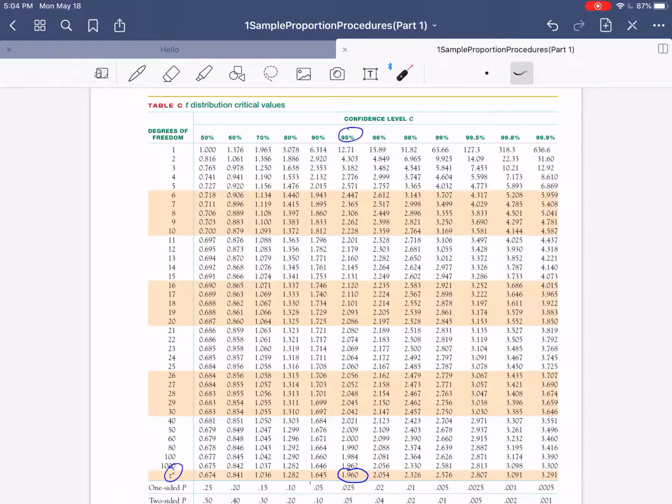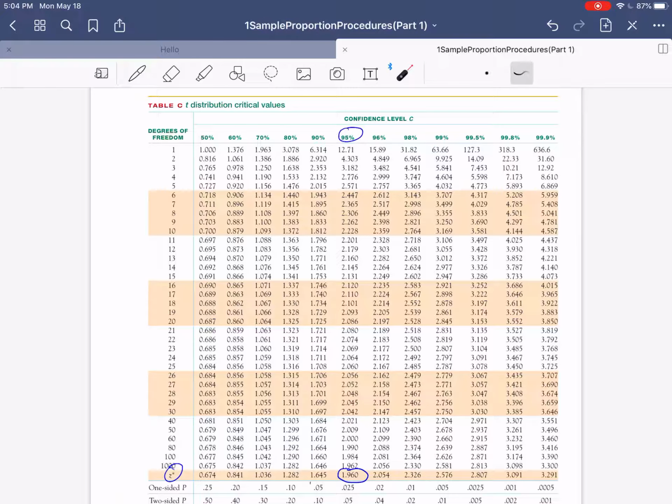Now, one thing that you can make use of is that since there are no degrees of freedom, if in a later example or on a quiz or the suggested exercises as you're working, you need to do a 95% confidence interval for some sort of proportion, you're going to use the exact same z star because there's no degrees of freedom. So you can remember, z star for 95% is 1.960.